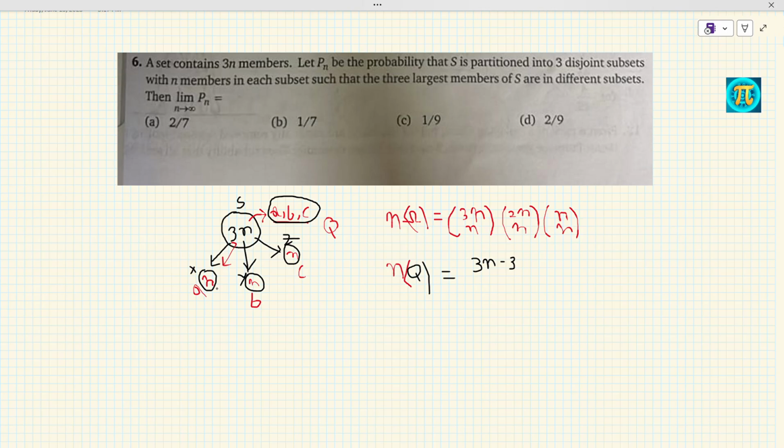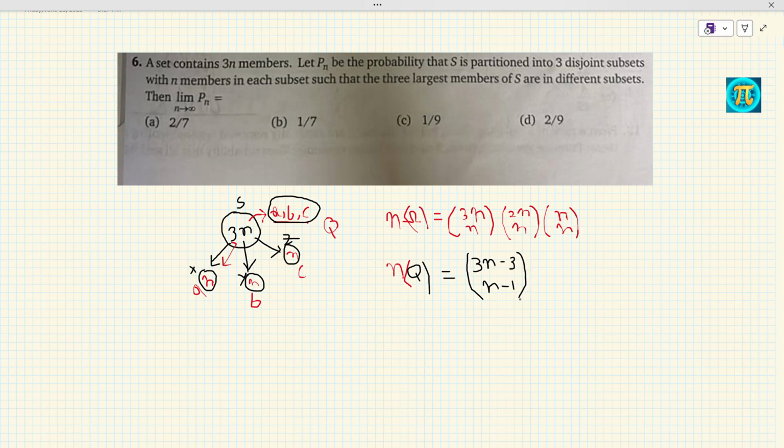So they are separated, so it is going to be n minus 1. They are already separated from the set 3n, and A or B or C, anything from this is separated from n. So n minus 1, and this is going to be a combination.